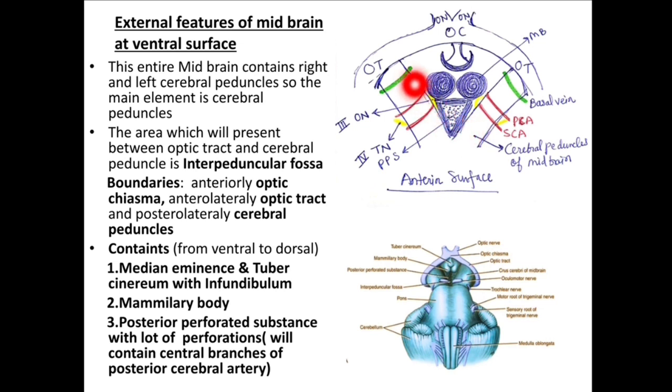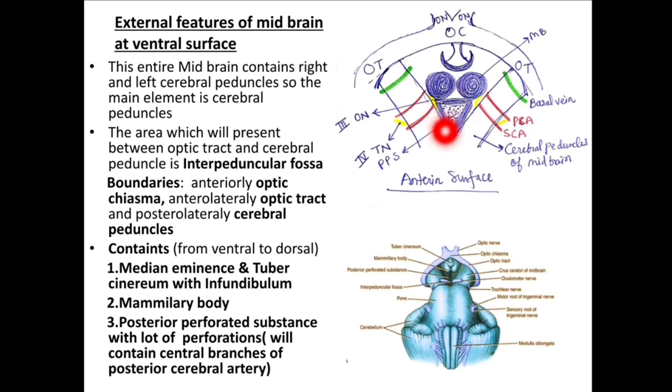The contents of this interpeduncular fossa, from ventral to dorsal: most ventrally is the median eminence, and tuber cinereum with infundibulum. Then dorsal to it are the mammillary bodies, and dorsal to the mammillary bodies is the posterior perforated substance with a lot of perforations.